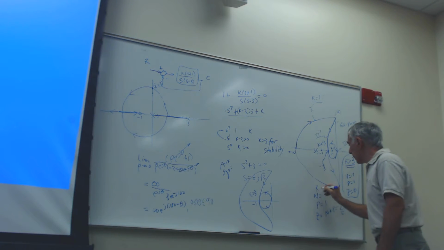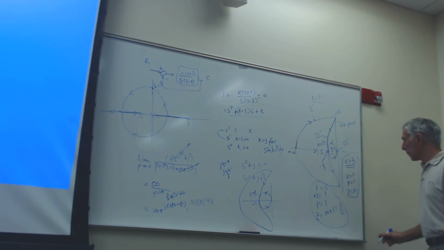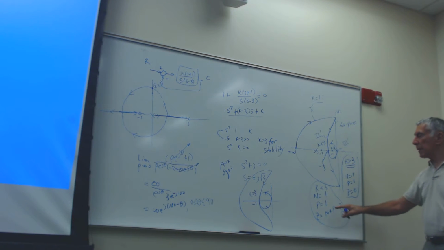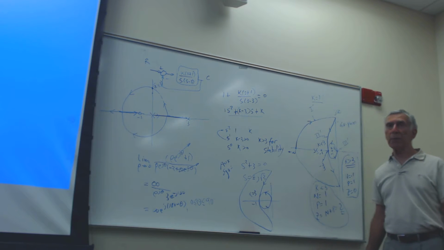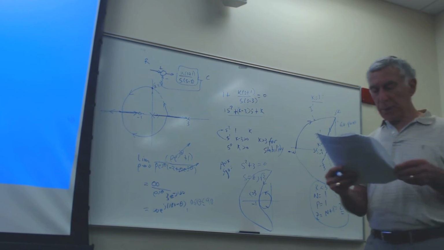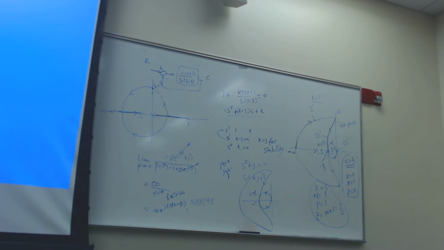For k less than 3, we've got this here. Stable system, unstable system, k equal to 3, marginally stable system. So we use this lag compensator to stabilize the system.